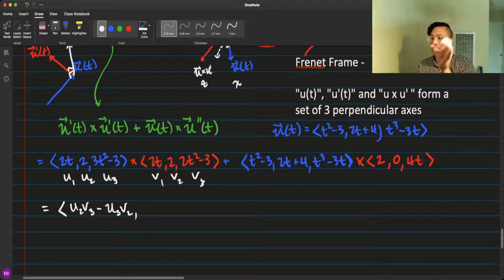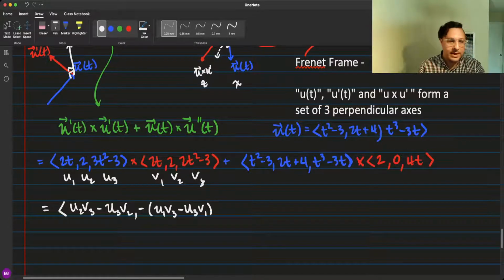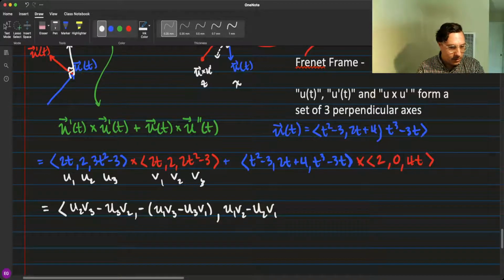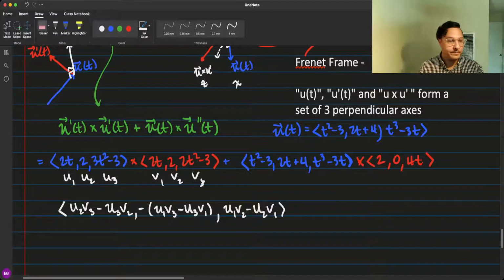Remember, if you're calculating the first component, there's this symmetry: you use the second and third components and you subtract them. And then the second component is going to be U1, V3 minus U3, V1, with the minus around it. And then the other one is going to be U1, V2 minus U2, V1. I'm just putting the formula here in case you've forgotten.